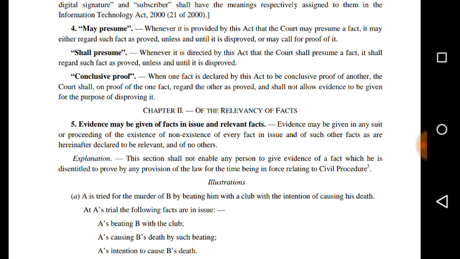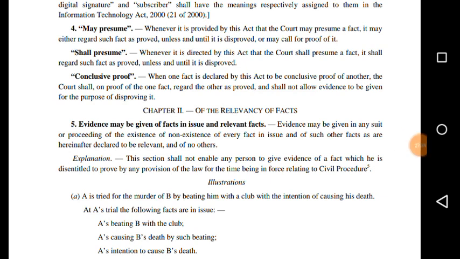Shall presume means whenever it is directed by this Act that the court shall presume a fact, it shall regard such fact as proved unless and until it is disproved.